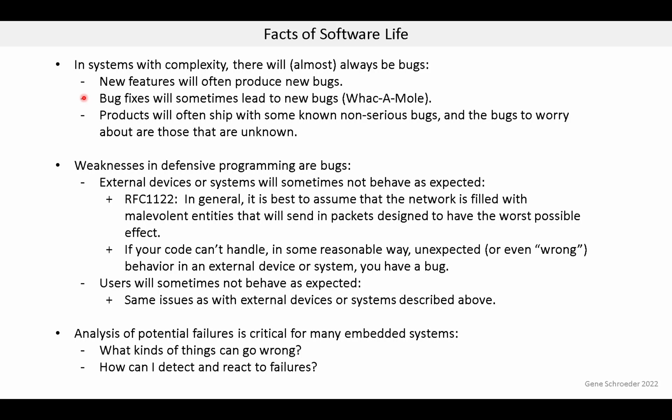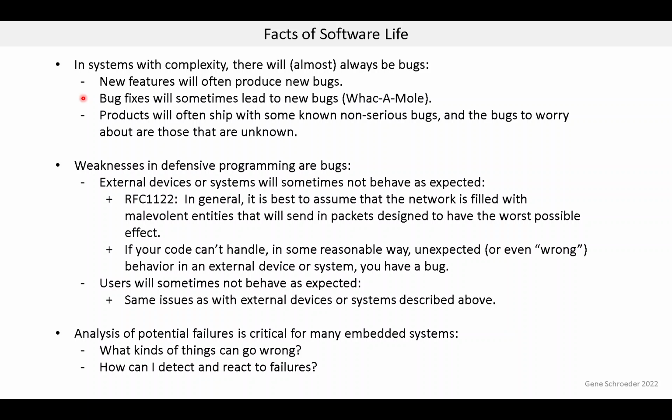Now this is why sometimes in development processes, when you get close to a major release, you don't fix minor bugs, because you don't want to ship a major release and then find out that a minor bug you fixed at the last minute actually had some subtle side effect that was actually worse.